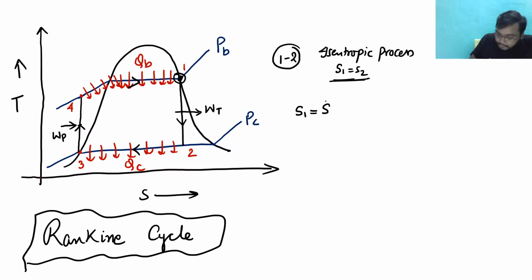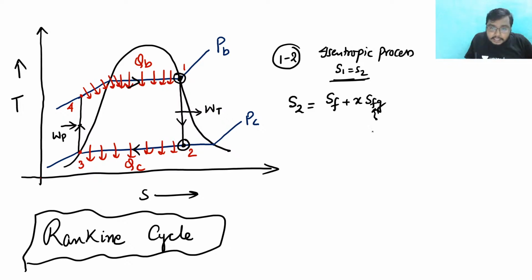But S2 is at this point. Now, how can I write S2? I can write S2 as Sf, that is the entropy of the liquid, plus x into Sfg, which is also written as Sg minus Sf.